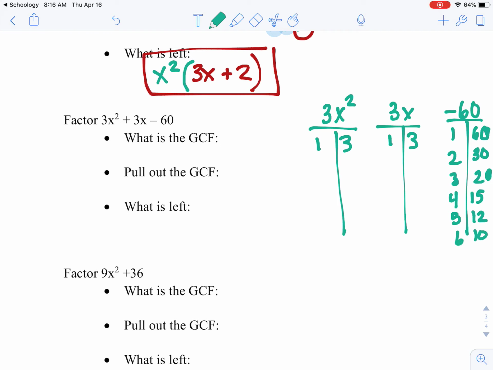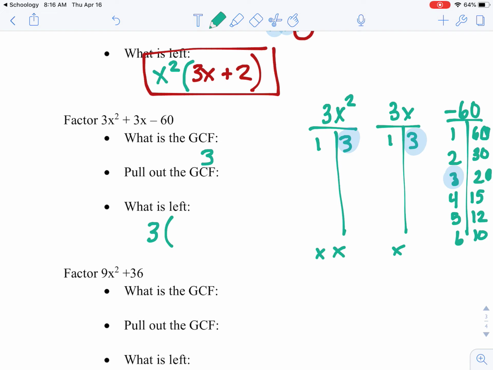Okay, so we're looking for, let's put our x's down below. So next we're looking for our GCF. So number-wise, 3 is the highest factor I have. So my GCF is going to be the number 3.